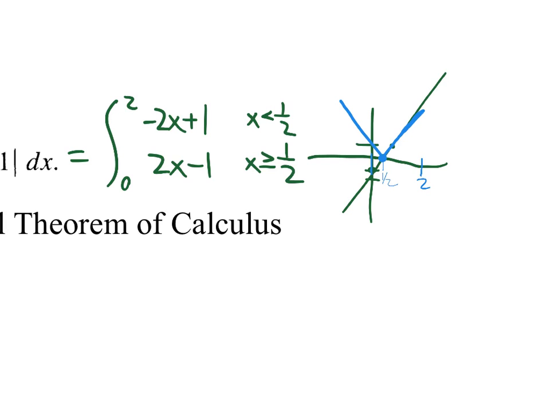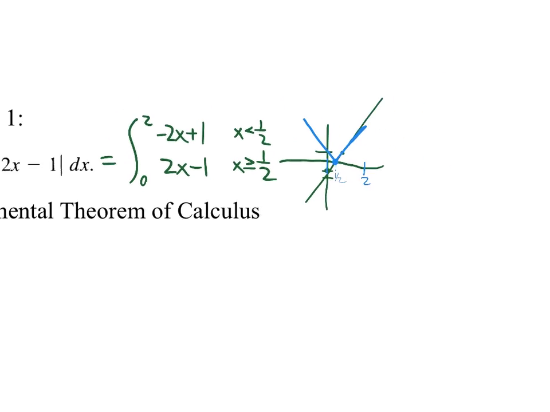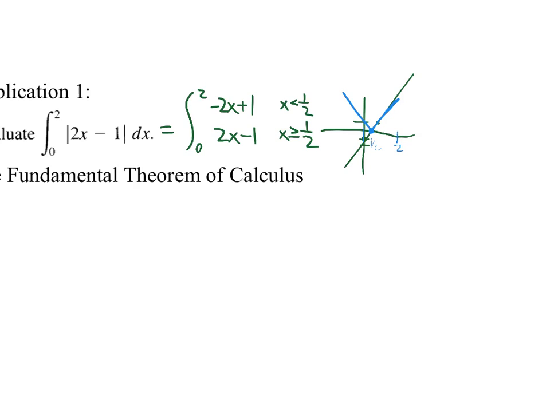We're going to have to separate this into two different integrals. Okay? And we're going to have to do the integral from 0 to a half of the negative 2x plus 1 dx. And we're going to add to that the integral from a half to 2 of positive 2x minus 1 dx. Okay?